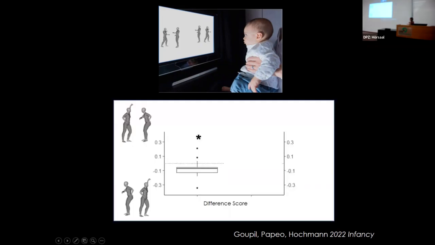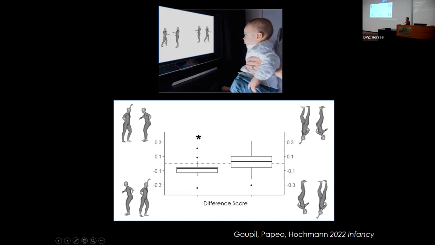And this is exactly what we found. We found a significant difference in the time the infants looked at one stimulus versus the other. We also ran a group with the stimuli inverted upside down, just to exclude the role of any low-level difference that could trigger this differential looking time effect.